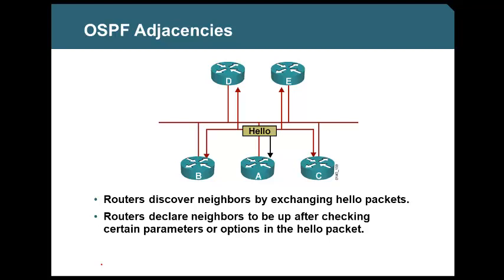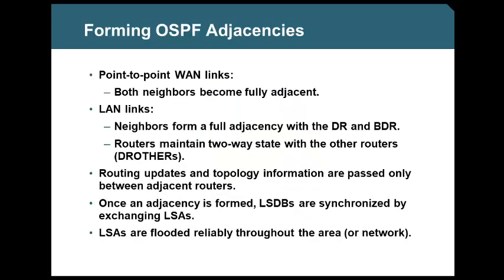Now, OSPF forms full adjacency when you have a point-to-point neighborship. What it means: I have two routers connected through a serial wire. The serial wires are called point-to-point links, WAN links.